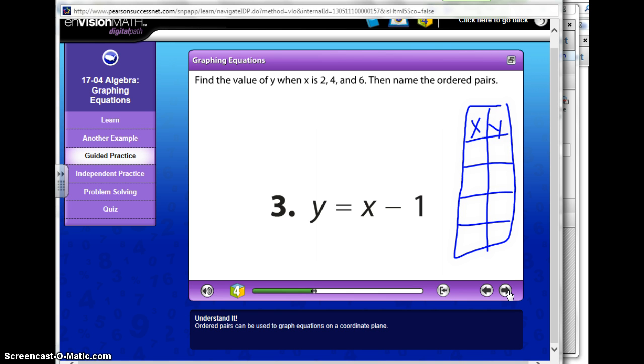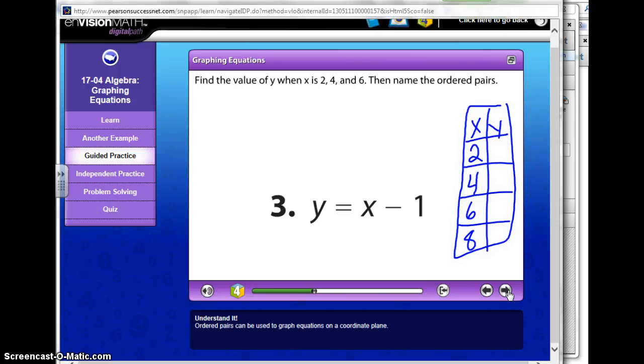Okay, here we go. Let's put the same numbers in, 2, 4, 6, and 8, but our y numbers are now going to be different. Who can help me solve for the first one? If I put a 2 in place of the x, what will the y become?